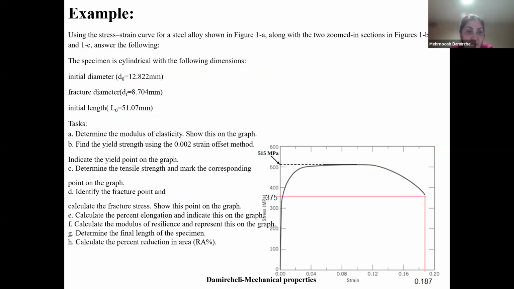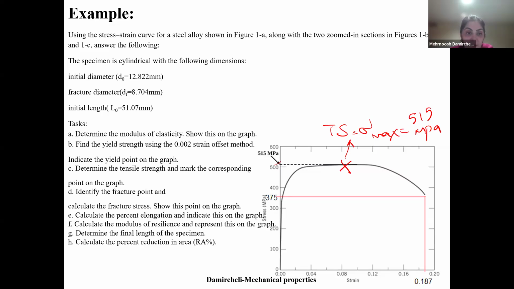Next, determine the tensile strength and mark the corresponding point on the graph. Maximum stress is the tensile strength, or sigma max, that is 515 megapascal. Okay? D, identify the fracture point.